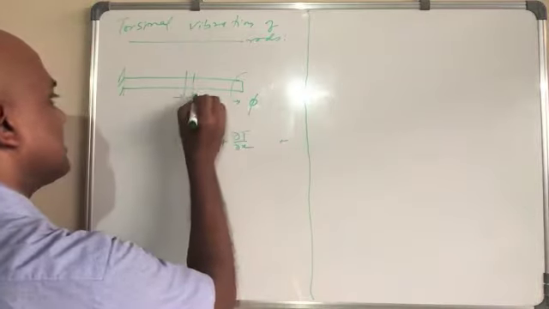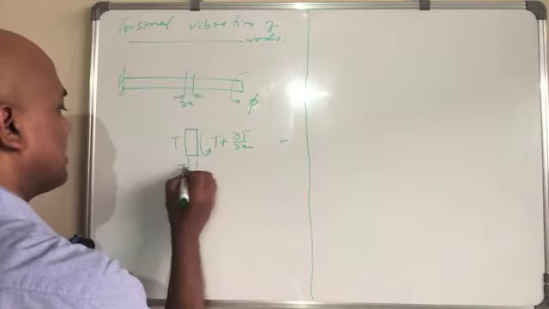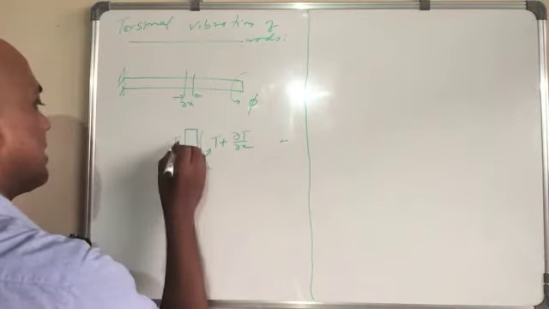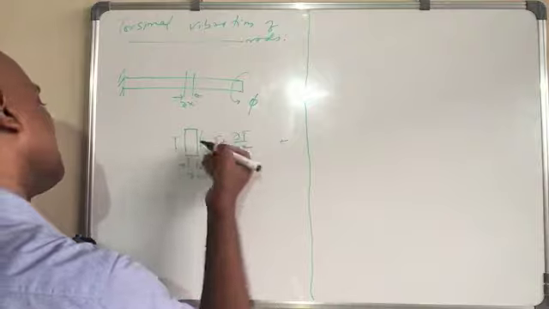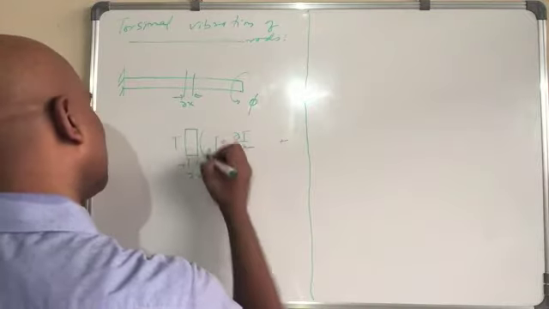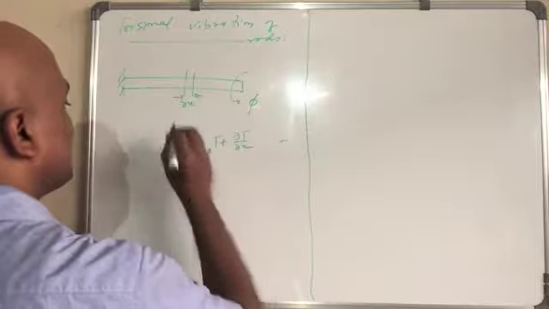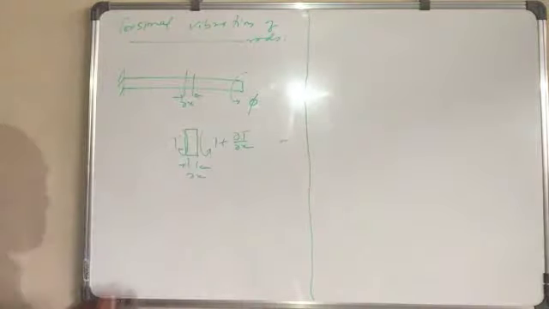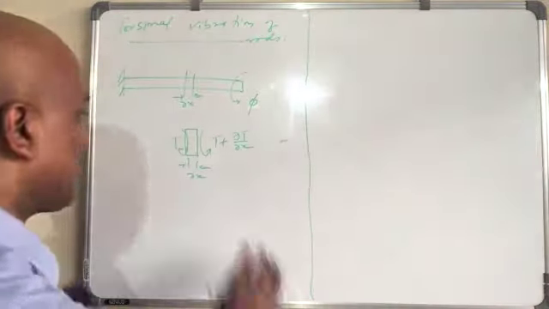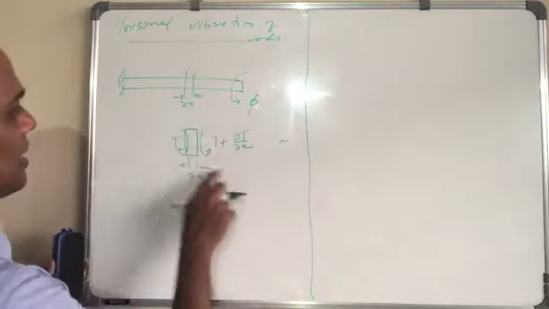So this is Δx. If this one is anti-clockwise, the other will be clockwise. These are the torques being applied there.